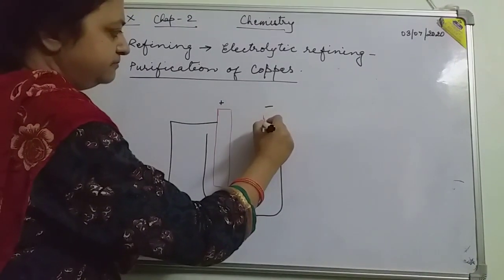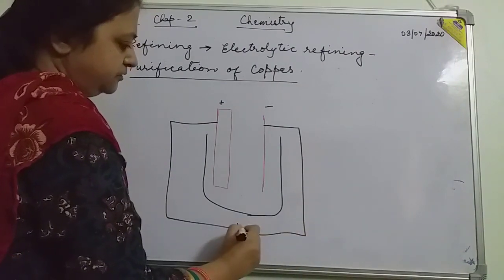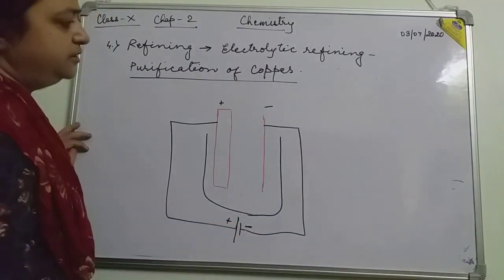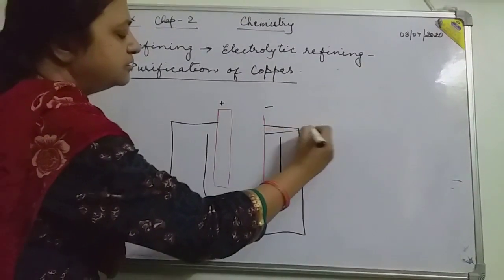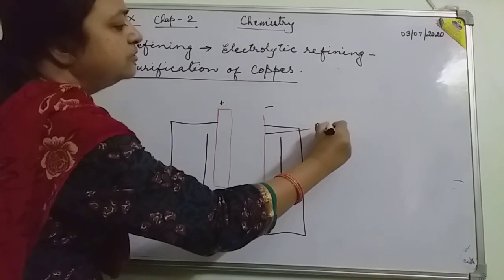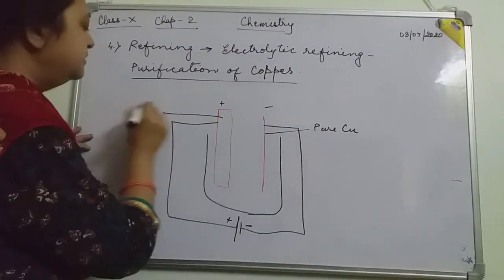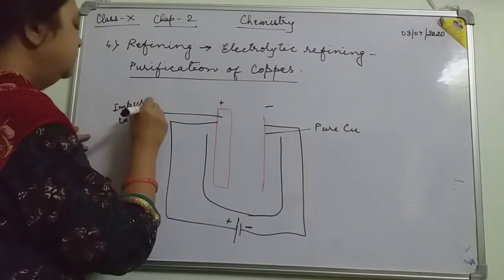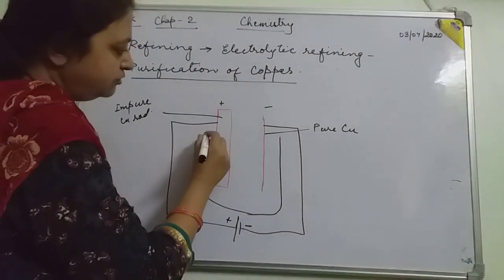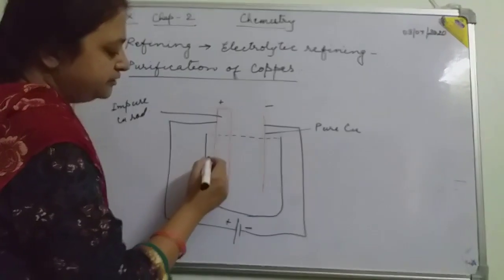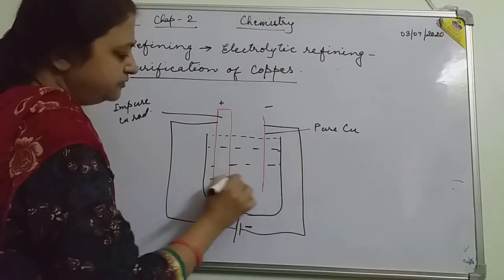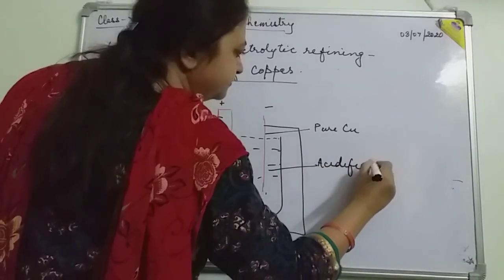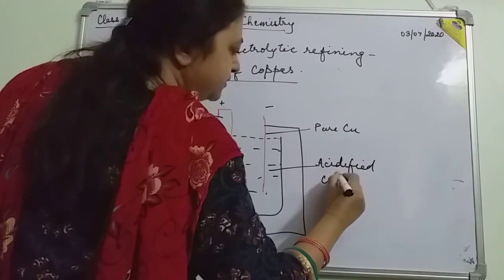So this is the pure copper rod and this is the impure copper rod. We use an electrolyte. Which electrolyte? It is acidified copper sulfate solution.